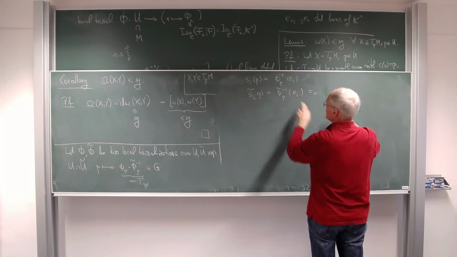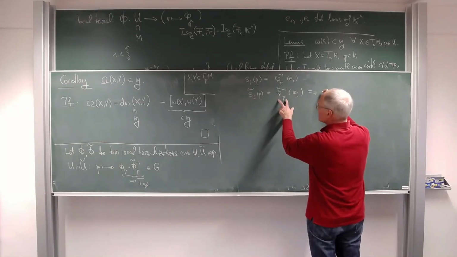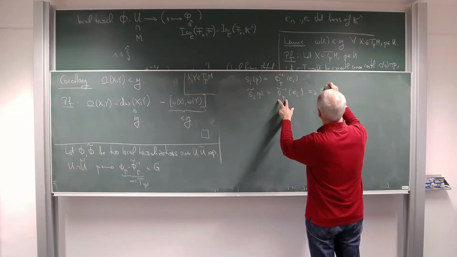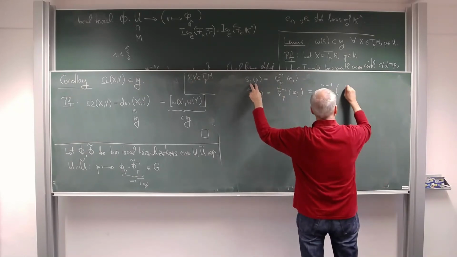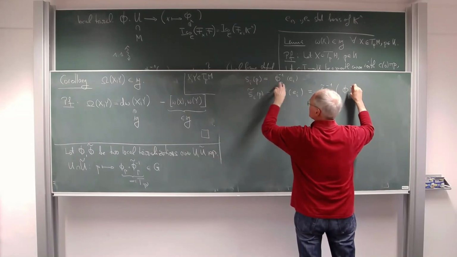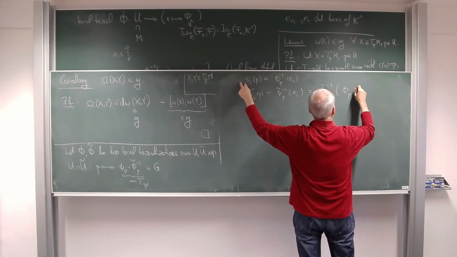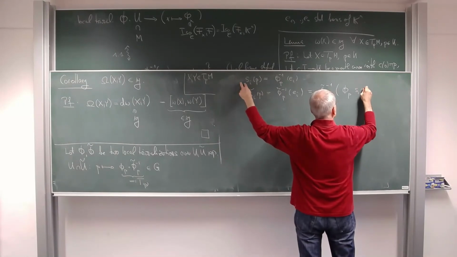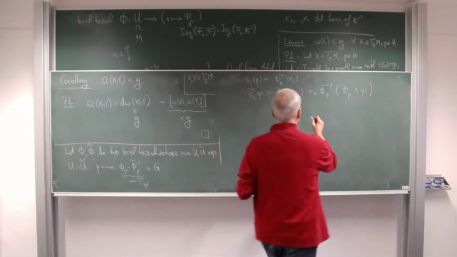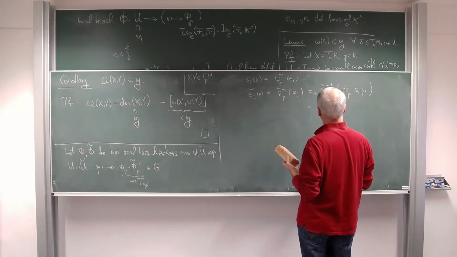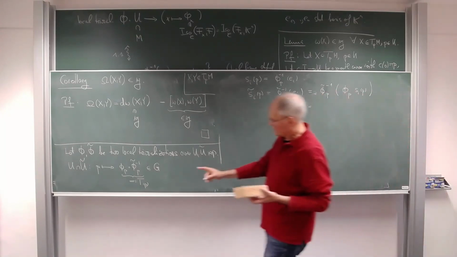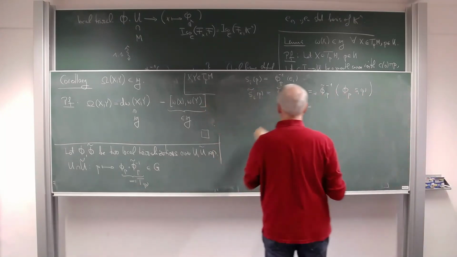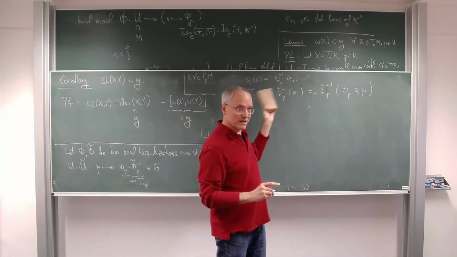So I have phi tilde to the -1 at P, and now the e_i I can write as phi applied to s_i of P. Well, not quite, because the point is, this maps K^n to K^n, whereas here I want to map things from one fiber to the fiber.